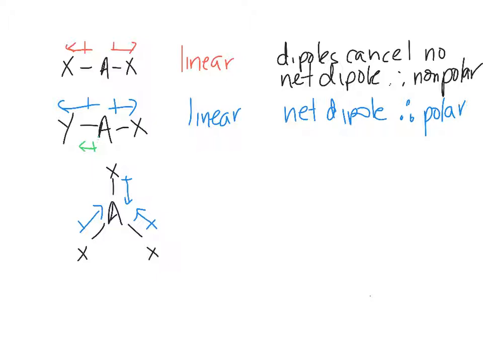What shape is this? You have to answer a question before. What shape is that? Am I allowed to look at my finger? No. What shape does that make? A square? A triangle? A triangle. Are these in the same plane? Yeah. So it's trigonal planar, because it's in the plane of the paper.